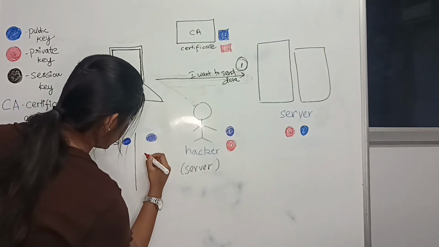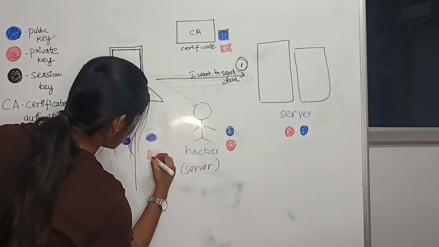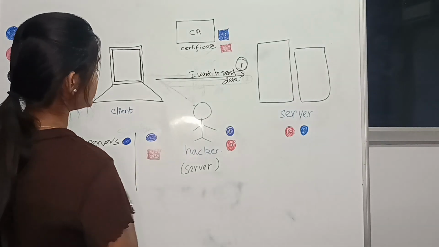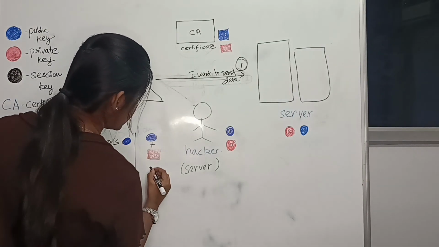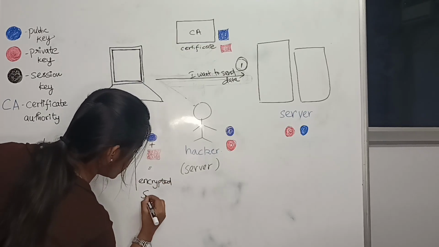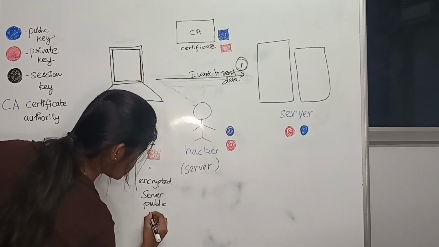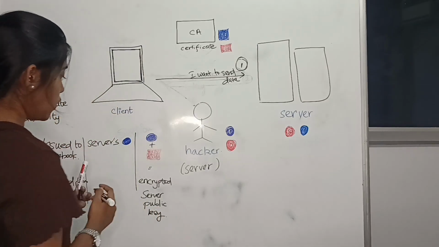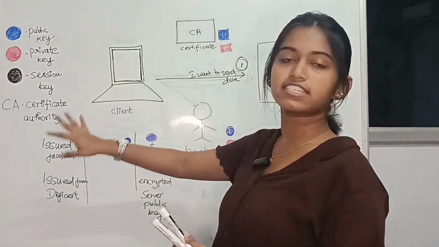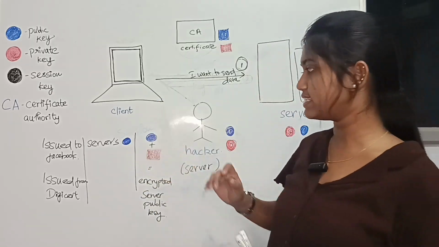The private key of the certificate authority is used to encrypt the server's public key, and the encrypted server public key is generated. It has various other text info in it, and there is other information present in the certificate.